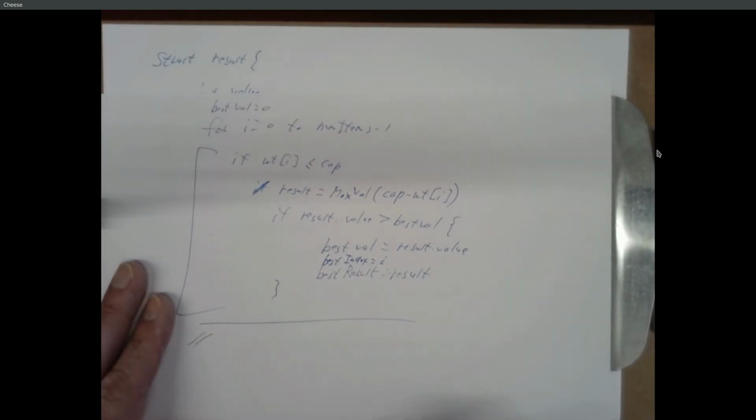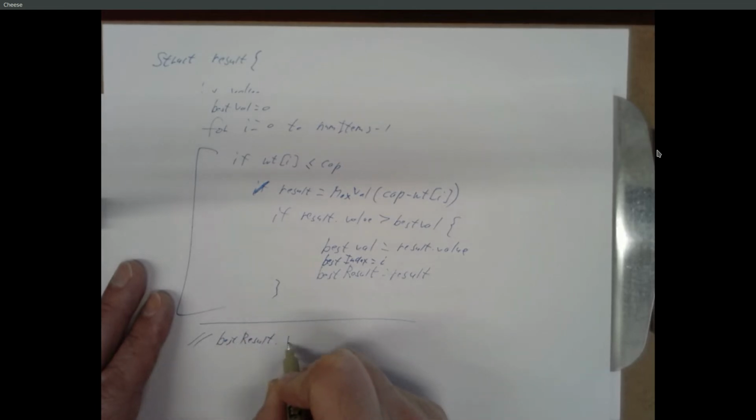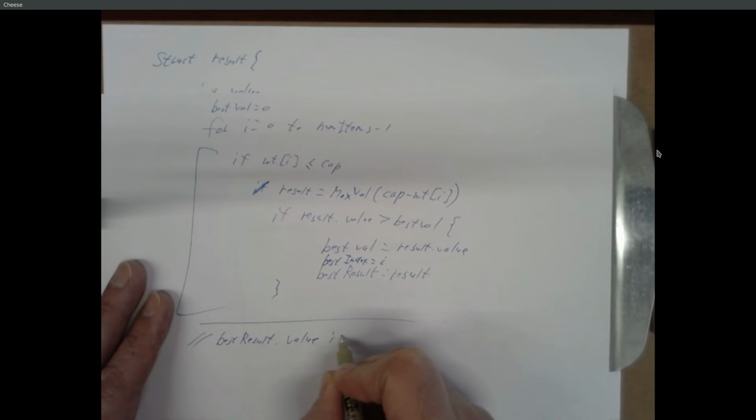Okay, so what's your setup when you exit? Best result dot value is the maximum value.